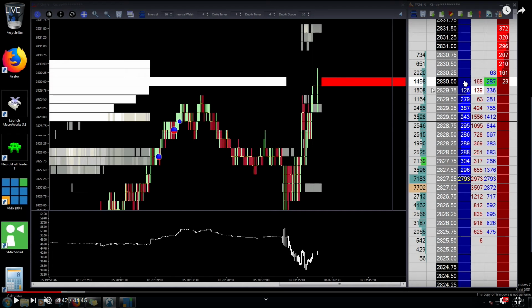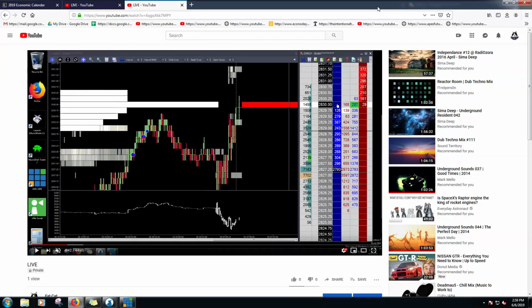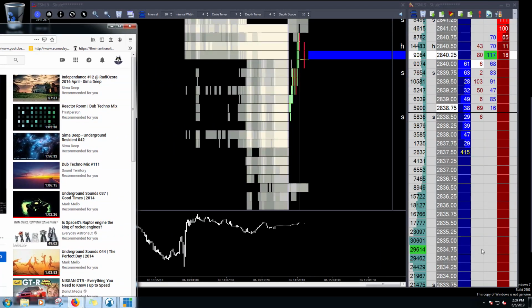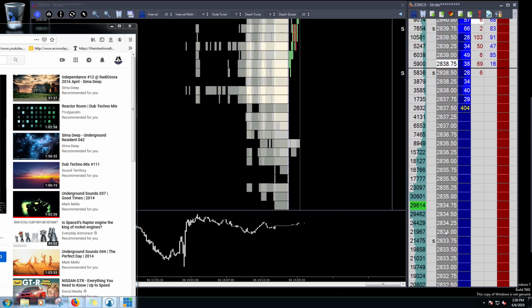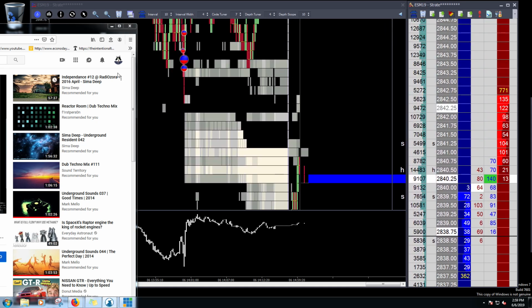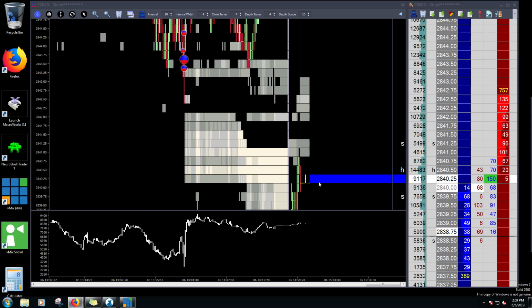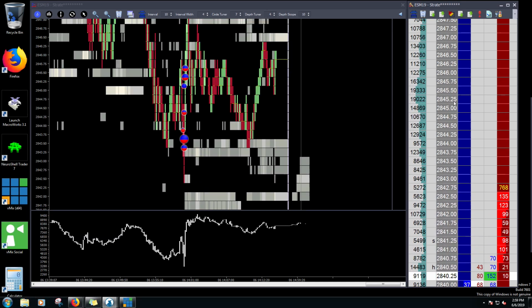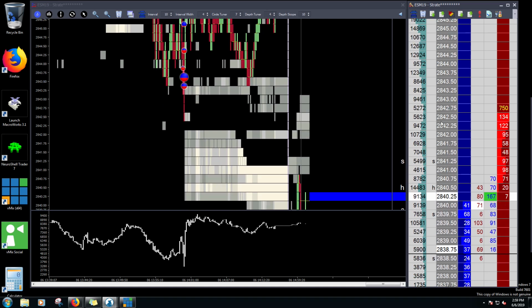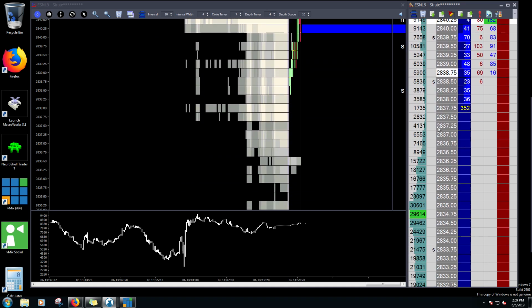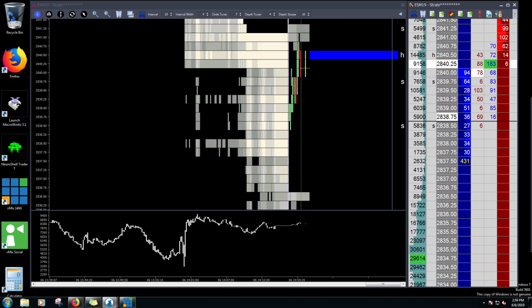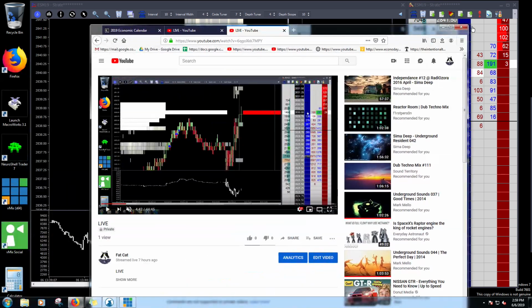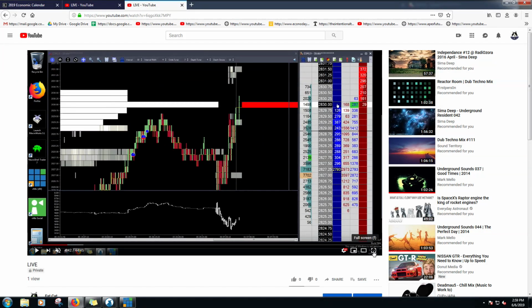Now, some mornings you'll get on, and your volume profile may be super extended. Like you may have to scroll up and down on the depth of market just to see the high and the low. And if that's the case, this play is no longer going to be as valid.